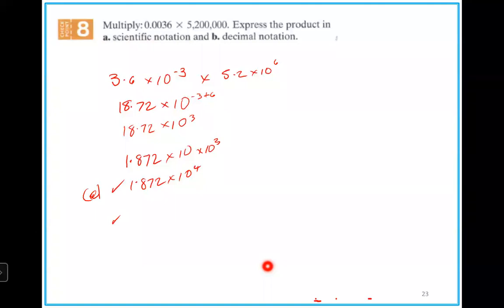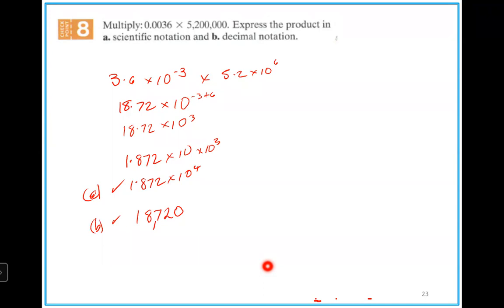So 1, 2, 3. It's going to become 1872, then 18,720. 1, 2, 3, 4. So we just need to add a 0 there. So that's part B.